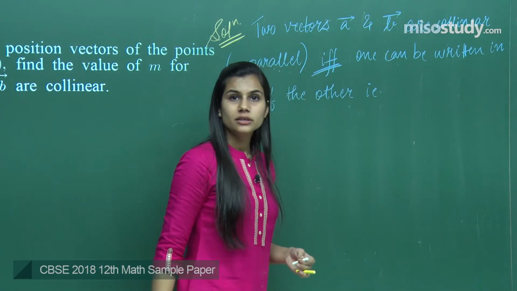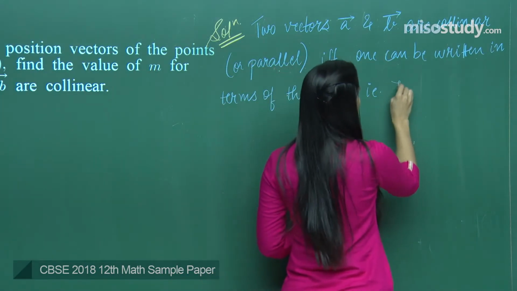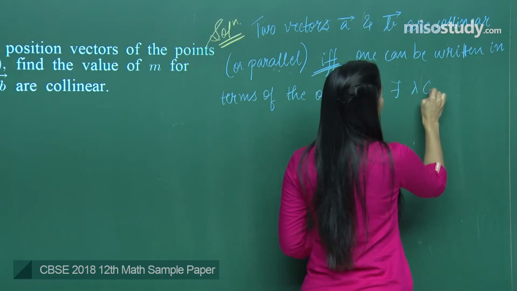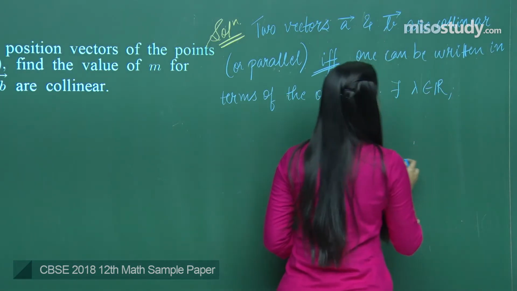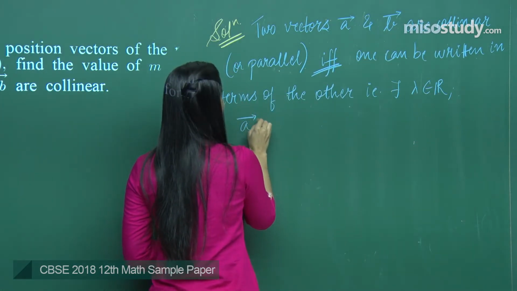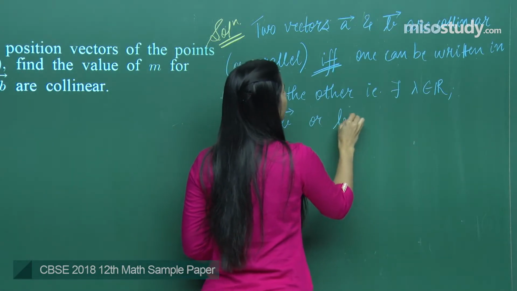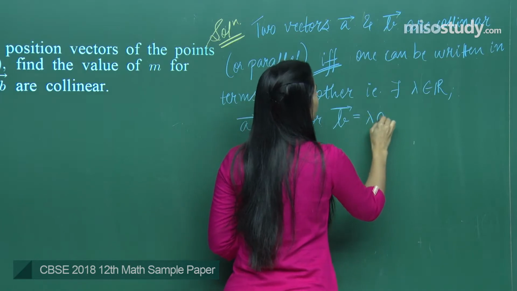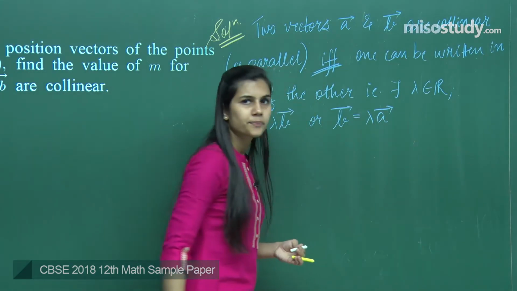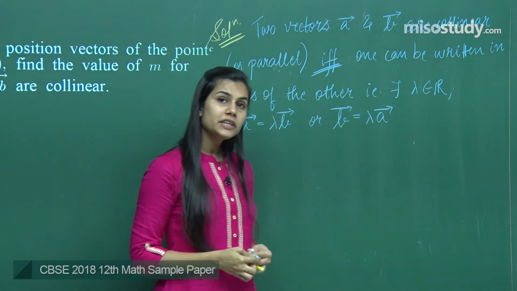That means there exists lambda such that A vector is equal to lambda times B vector, or B vector is equal to lambda times A vector. That is the concept of collinear vectors.